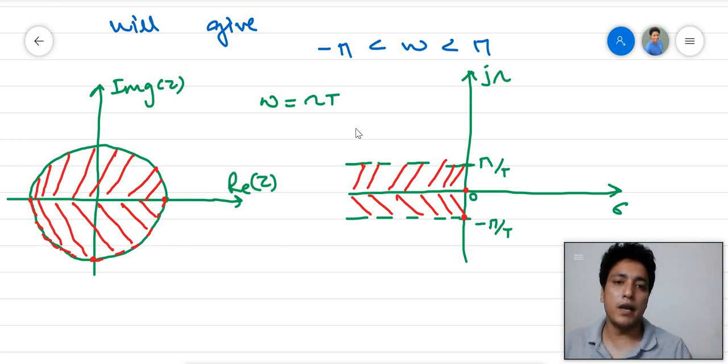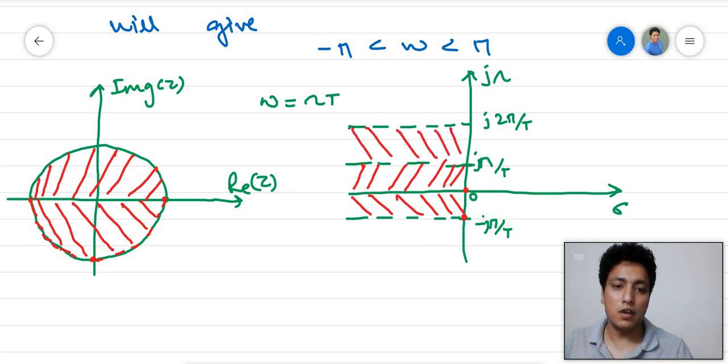Now in a similar manner, if we move towards the point j pi by T, j 2 pi by T, then it will go from minus pi to 0. In the same manner, it will be like this.